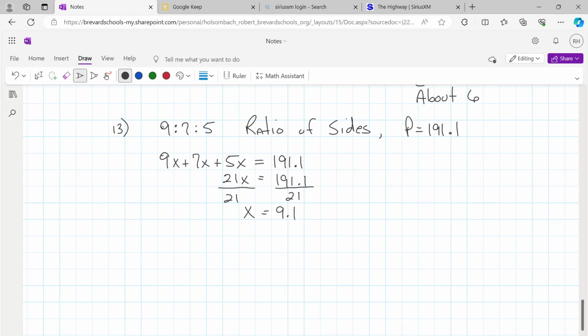That means we need to take each of the numbers in this extended ratio and multiply it by 9.1. So one of the sides is going to be 9 times 9.1. Another side is going to be 7 times 9.1. And the third side is going to be 5 times 9.1.